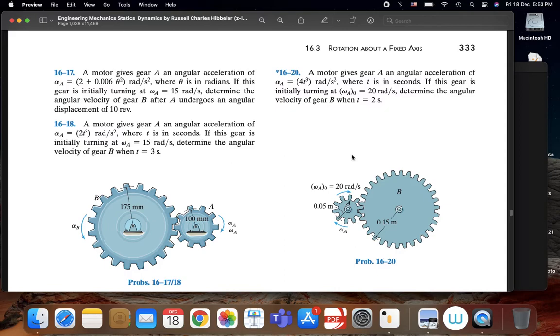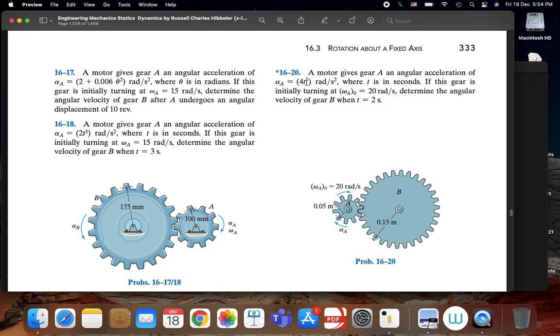So here, the problem says that we have a motor at A. The motor gives gear A an angular acceleration of alpha A equals 4t cubed radians per second squared. Now, the first important information here is that the acceleration is not constant and it is time dependent.